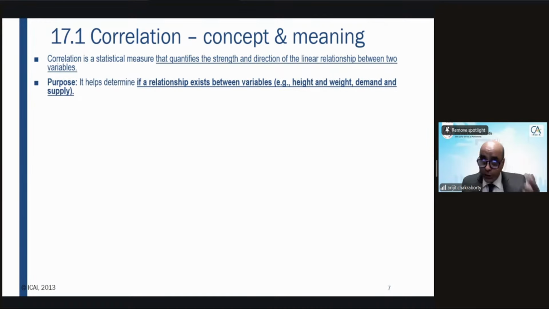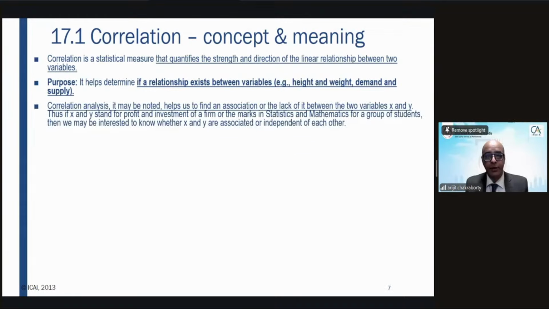So there is a relationship between price and demand. But what kind of relationship is this? This is inverse. When price increases, normally demand will fall and vice versa. So even for an economist, even for a businessman, they need to know the relation between these important particulars like demand, price, and supply and price. So this is the purpose in correlation.